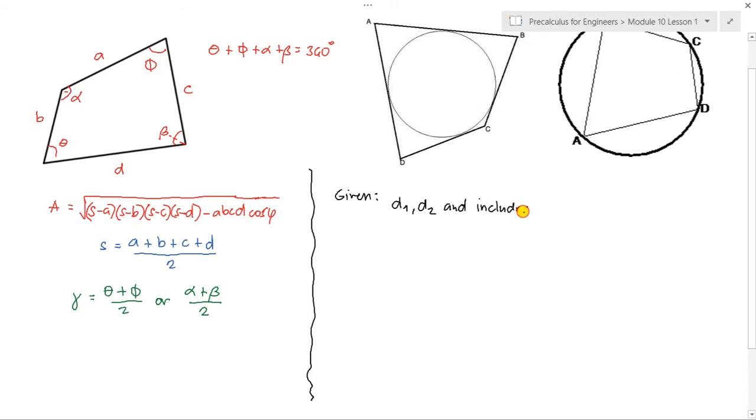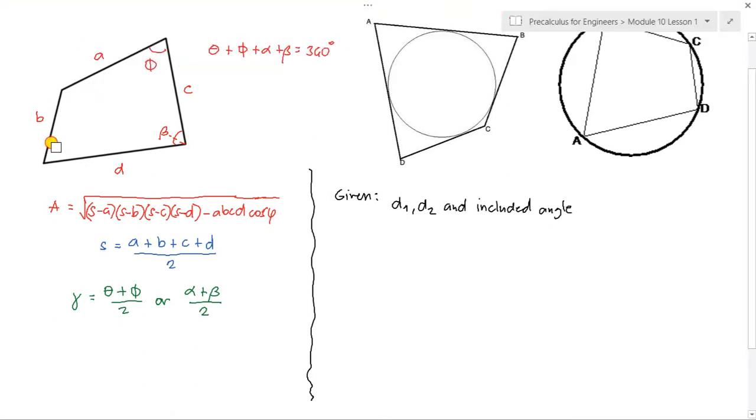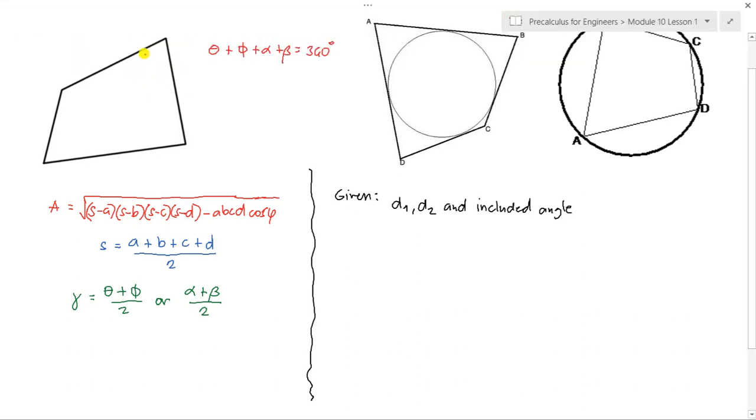I'll erase the angles and legend here. Since the given are only d1 and d2 and their included angle, let's assume that this is d1, and this other one I drew is d2.